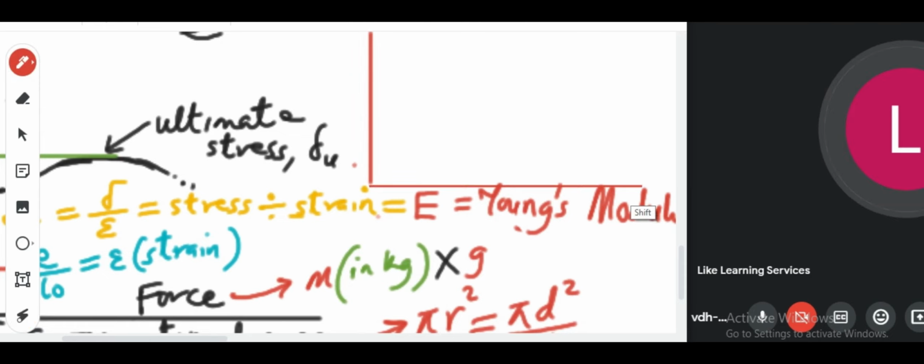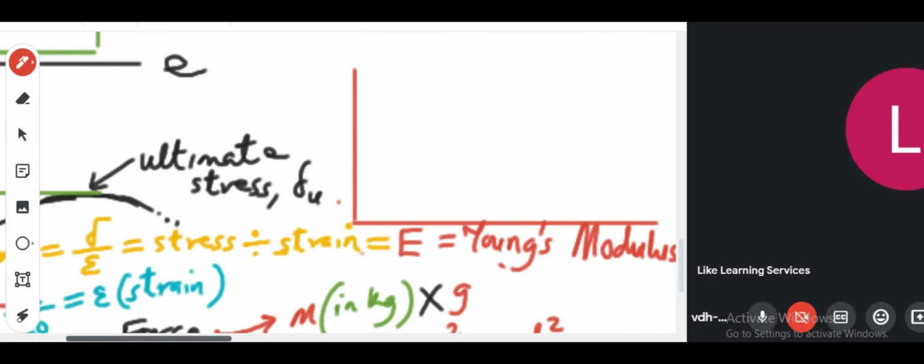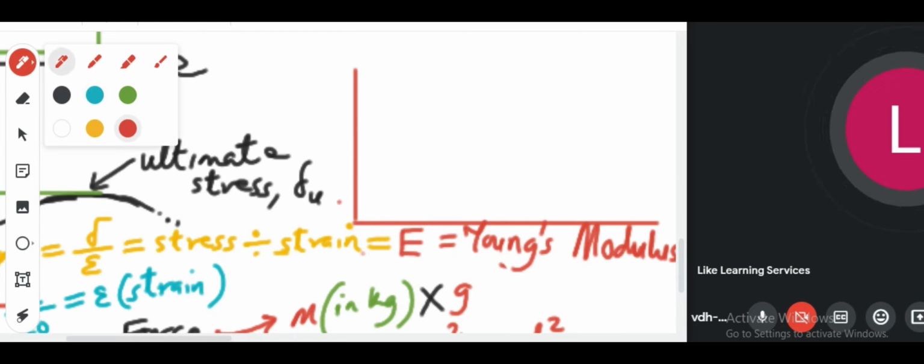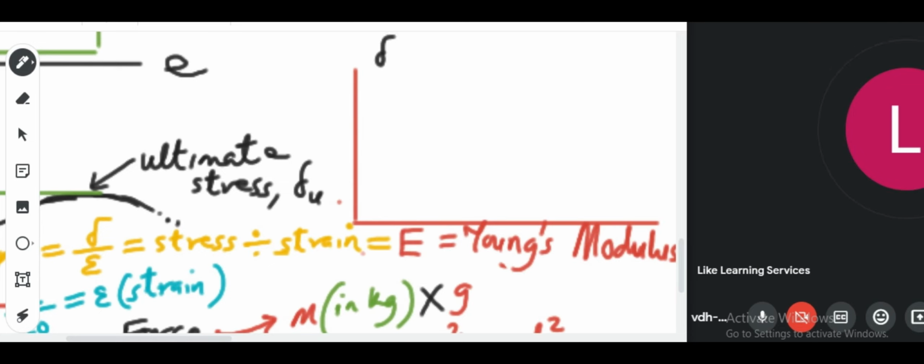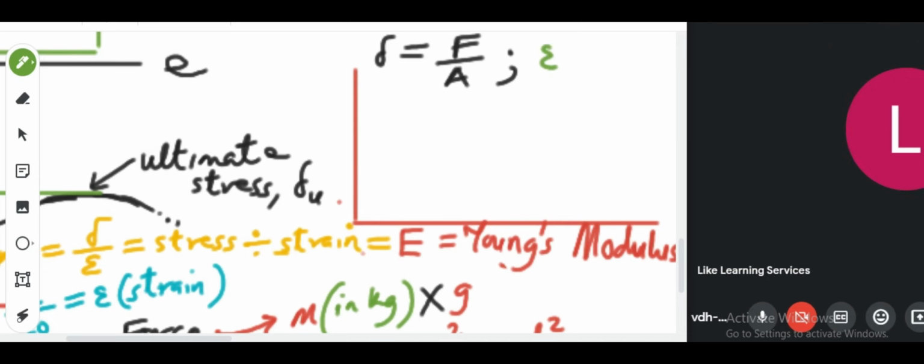We can look at the Young's modulus in a different way. Now, we already said that stress is force over cross-sectional area, and strain is extension over original length.